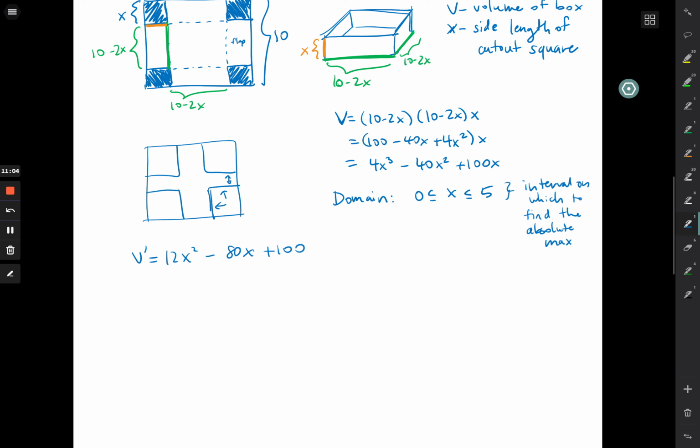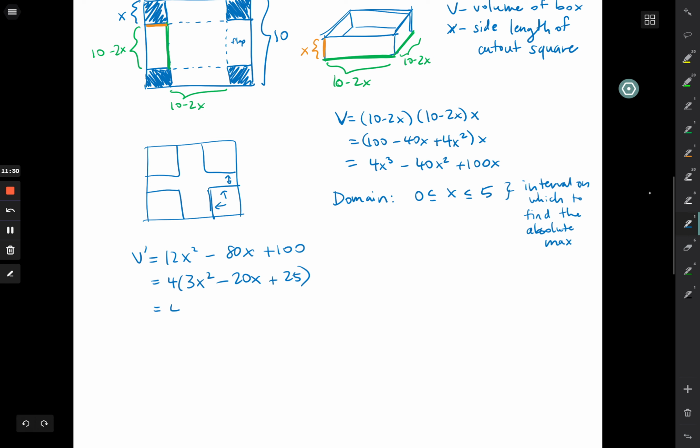It turns out we can pull out a 4. So first we should just go ahead and pull that out before we try to factor this further. We'll be left with 3x squared minus 20x plus 25, right?